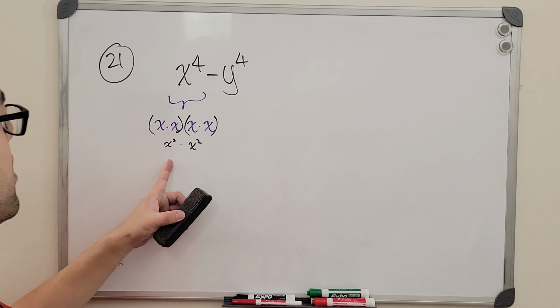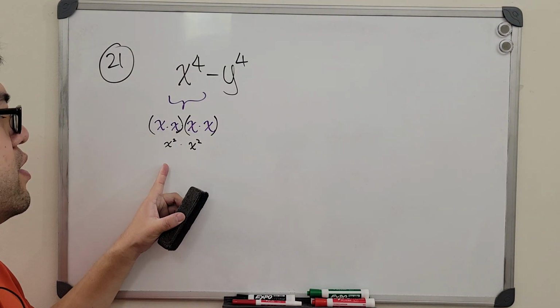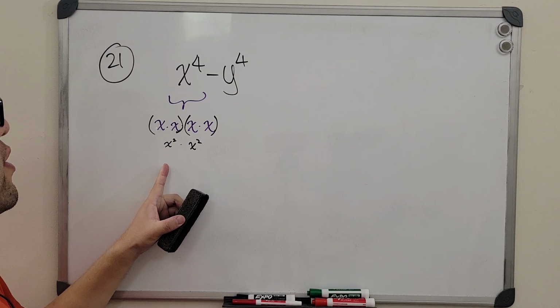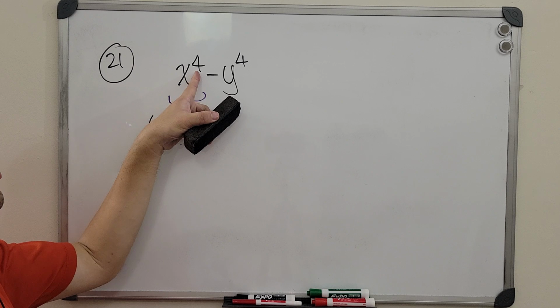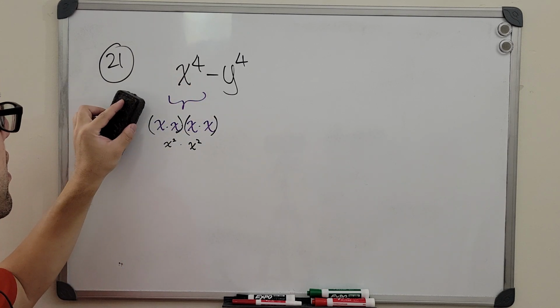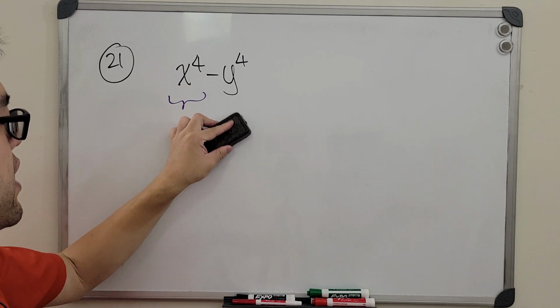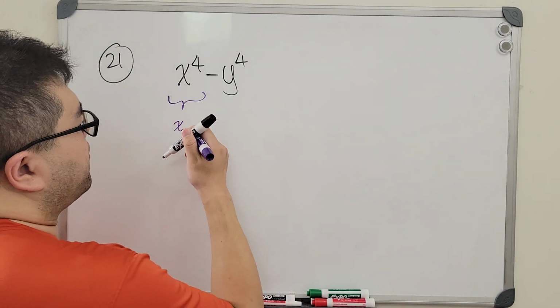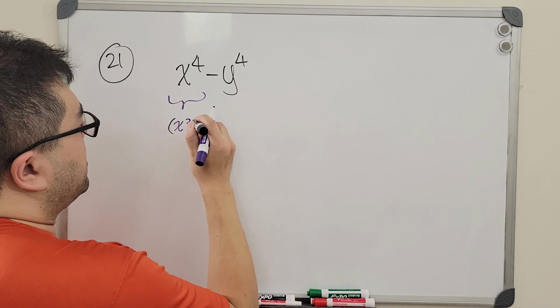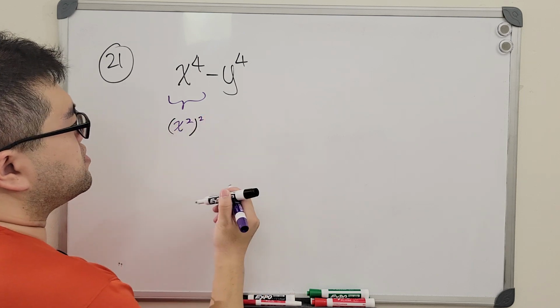In fact, you can use the exponent law to find out how to break it into something square by dividing the exponent by 2. So in this case, x to the 4th power is just the same as x squared squared.